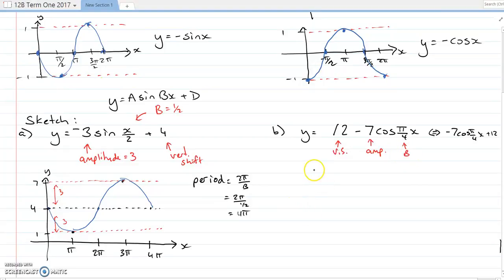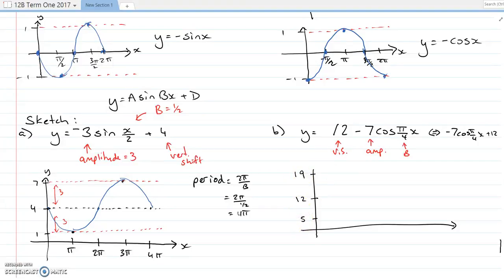So, okay. 12 is the middle. So we get 12, and we're down and up our amplitude. So it's plus and minus 7, so we're at 19 and 5. Our amplitude equals 7. Don't worry about the minus, that just tells you the shape.